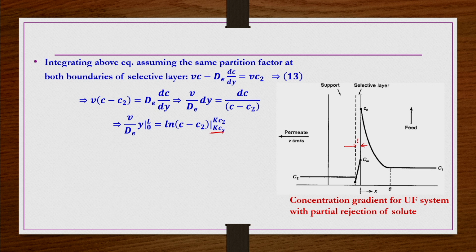This is the thickness of the membrane, L. This side the surface concentration is Cs, and on the other side it is C2, but it has the same partition coefficient, that is the assumption, because we do not know exactly what Cs is, we do not know exactly C2 inside the pore. So, they are in equilibrium with a kind of partition coefficient K. So, that has to be multiplied here.